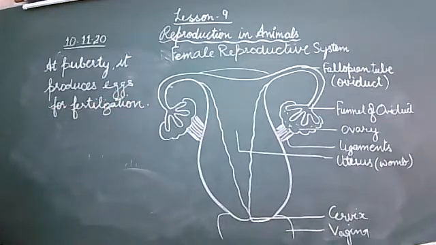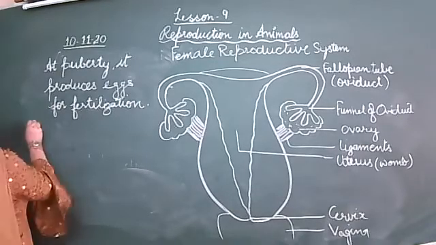Right? Then we can write, a single mature egg is released in the oviduct. This is an important line.